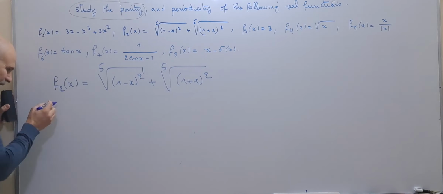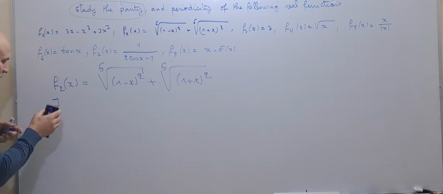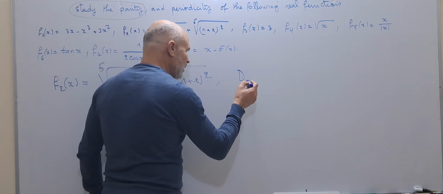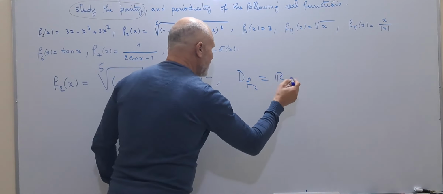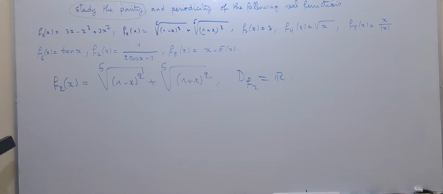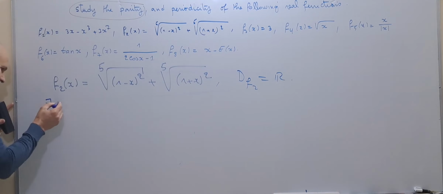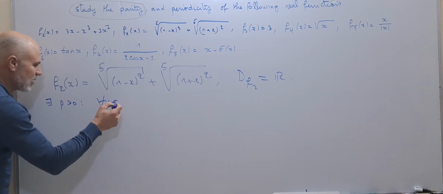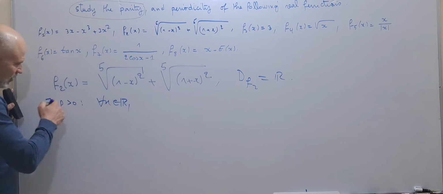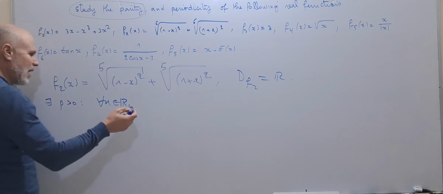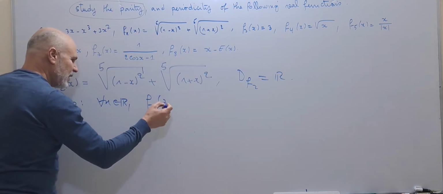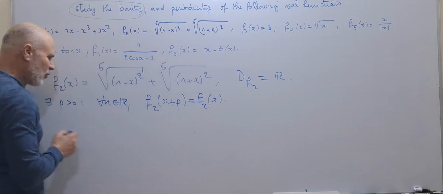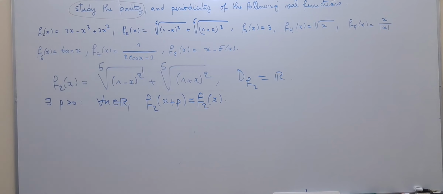If f2 is periodic, this means that the domain of definition of this function is R, so the domain of f2 is equal to R. If this function is periodic, this means that there exists p greater than 0 such that for all x in R, x plus p is in R, and f2 of x plus p equals f2 of x, for all x in R in the domain of definition.